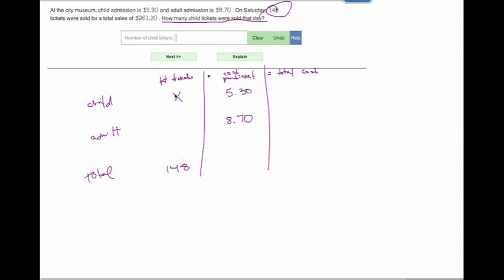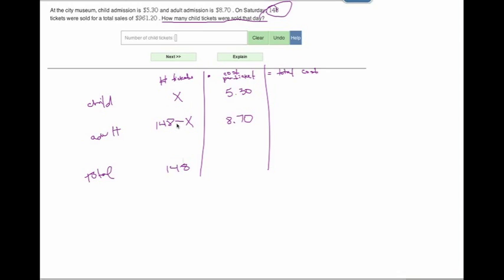X of them were child tickets, so the adult tickets were 148 minus X. Say there were 20 child tickets, there would be 148 minus 20, or 128 adult tickets. So it's X and 148 minus X.